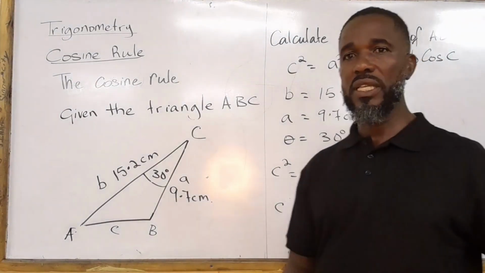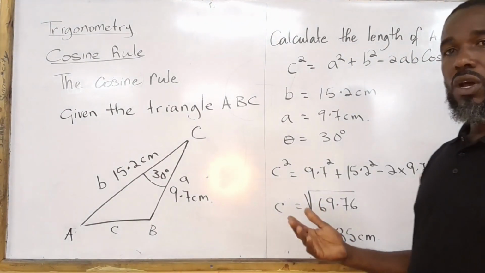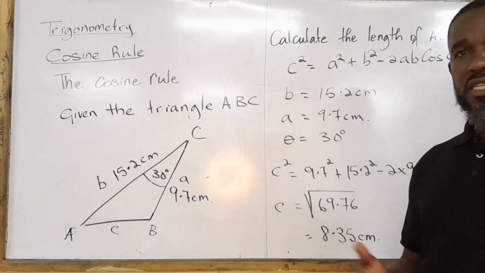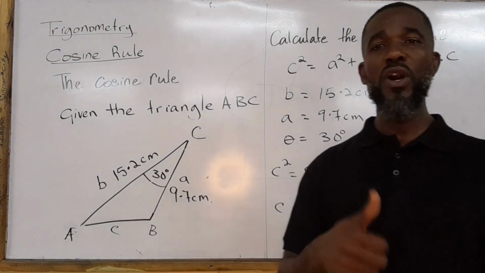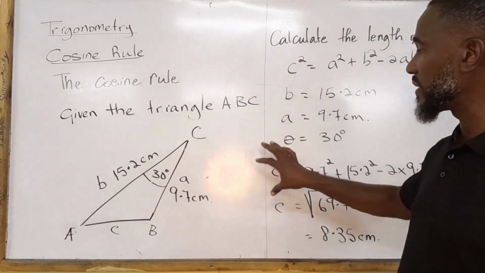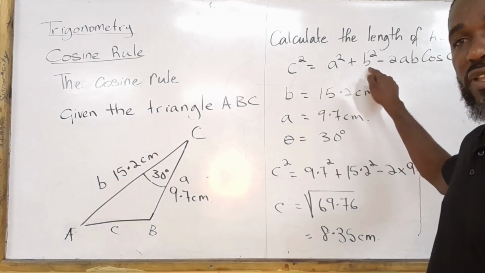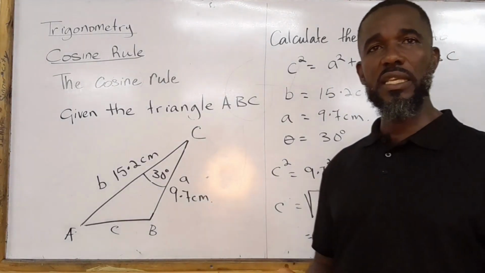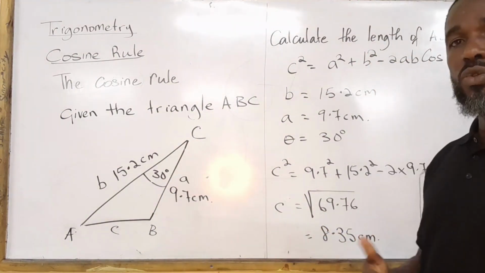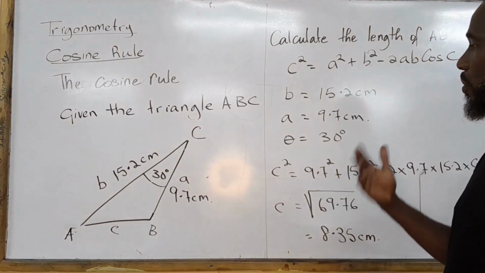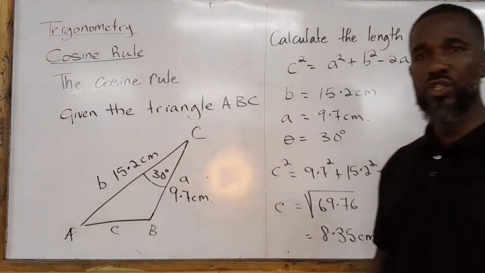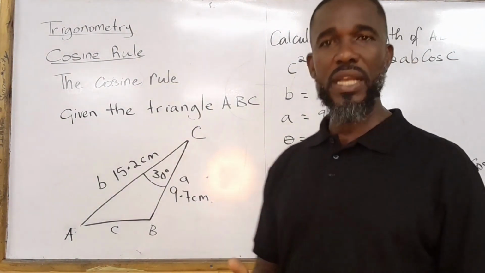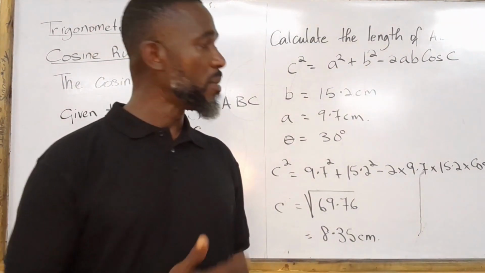Now you might be asking yourself, do I need to remember this formula? What is important is for you to remember how to use the formula, because this formula is on the front of the CXC paper, and once you know how to apply it, you will be able to get the correct answer. So go ahead, practice well, and do a number of past papers.